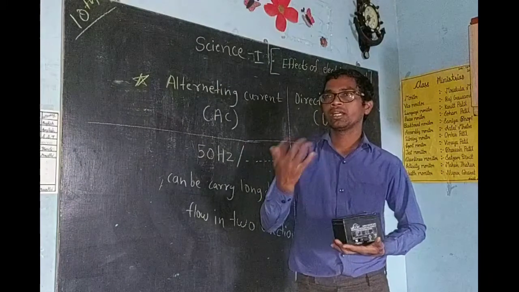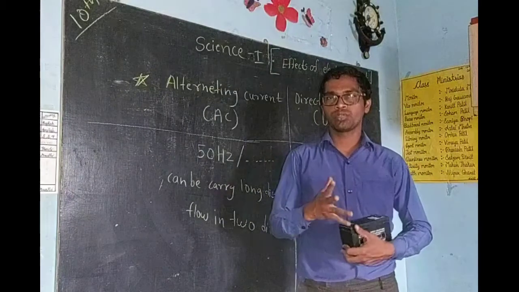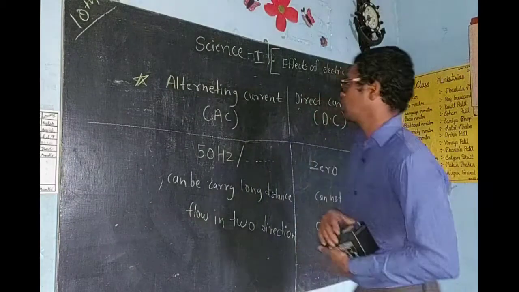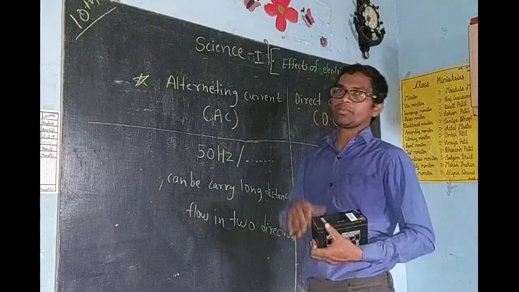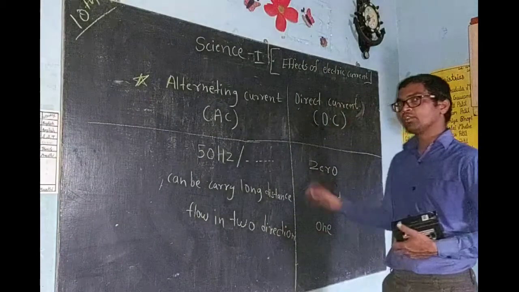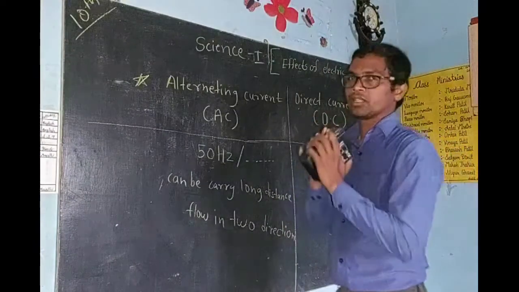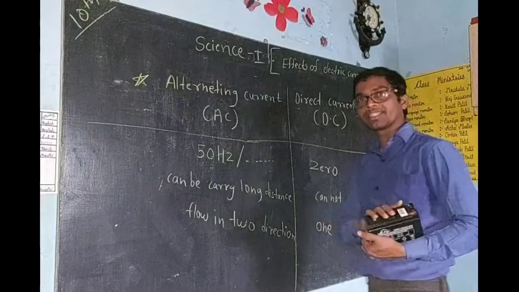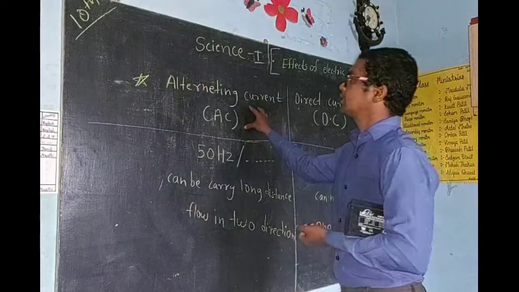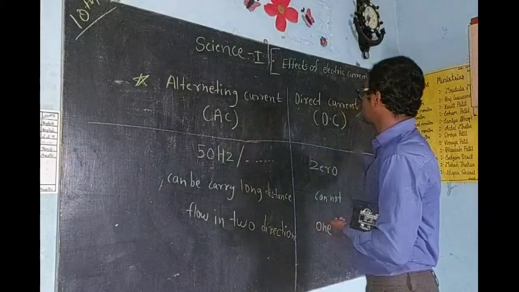You know, an unstable student or an unstable person cannot sit at one place. So alternating current cannot be stored, but DC or direct current can be stored in batteries. Now you will ask, if we want to store alternating current, what should we do? We have to change alternating current into direct current.